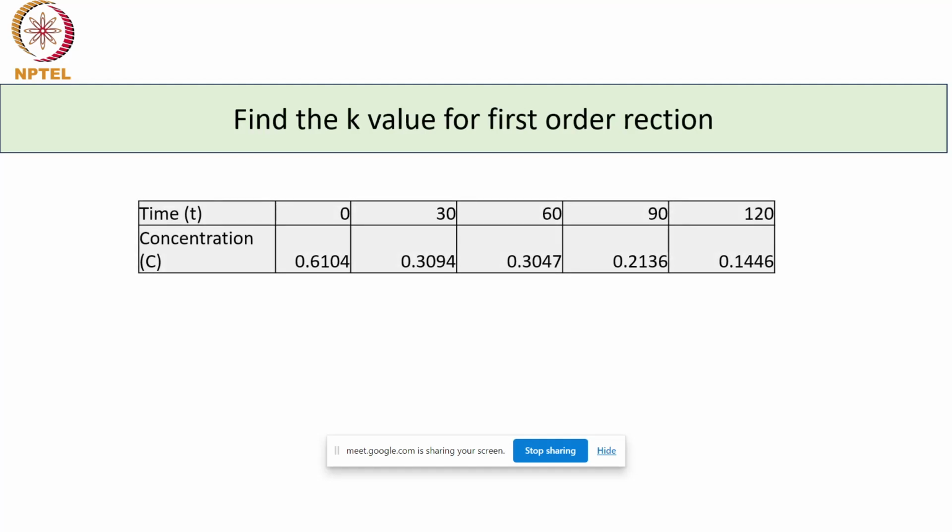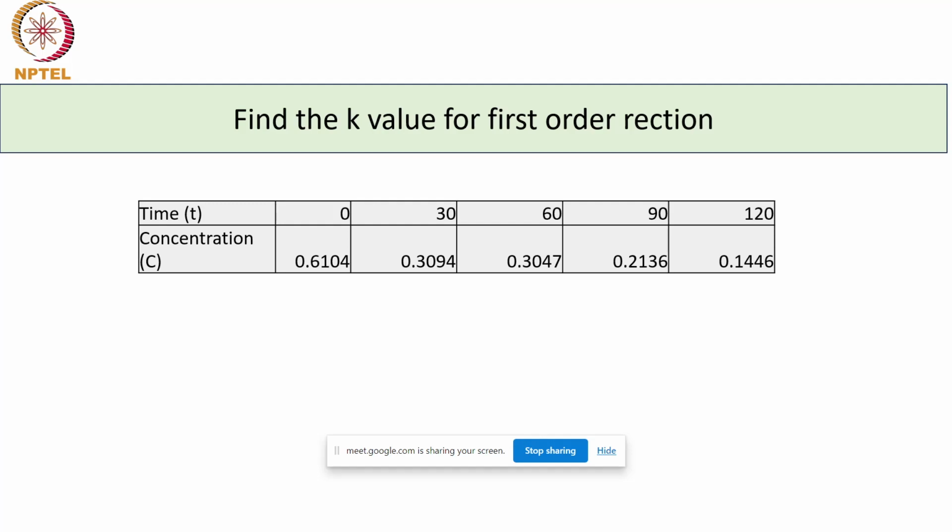So first the question is: find the K value for the first order reaction rate, given the variation of concentration with respect to time. So at time t equal to 0, the concentration will be 0.6104. At 30 minutes it is 0.3094.